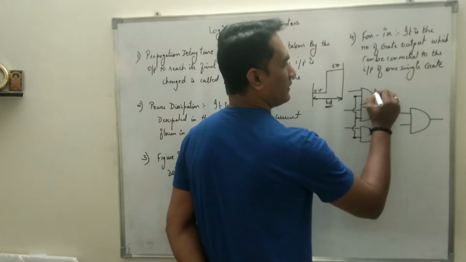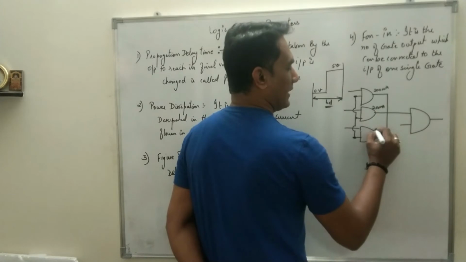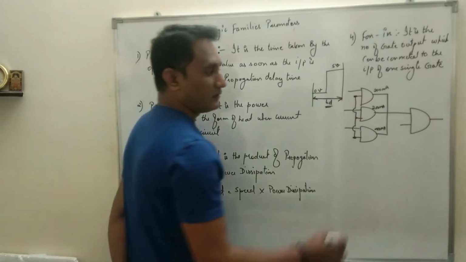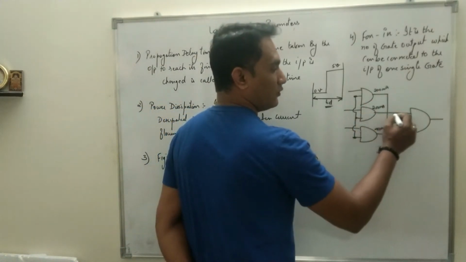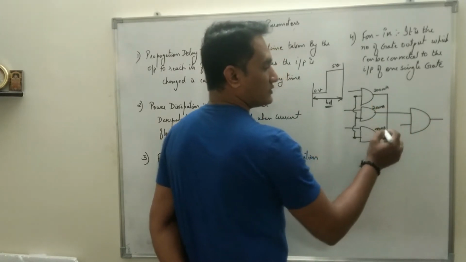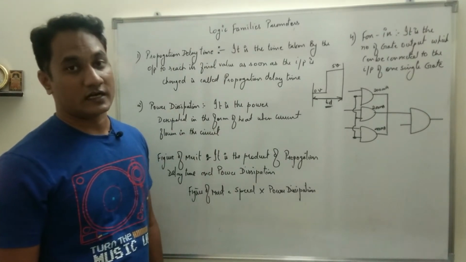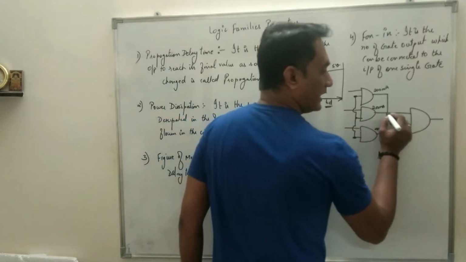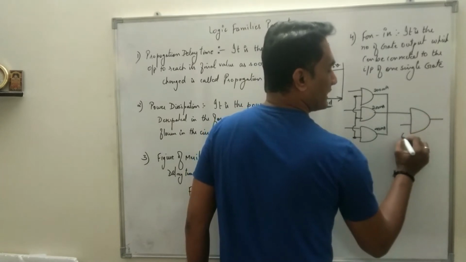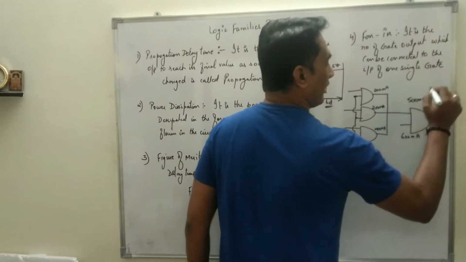Say every output has a current of 200 milliampere. So what will be the total current flowing into the input of that one single gate? 200 plus 200 plus 200, according to Kirchhoff's current law: total current entering the node is equal to total current flowing away from the node. So the total current into this AND gate's input will be 600 milliampere. Okay, and suppose that this AND gate can maximum withstand 500 milliampere.